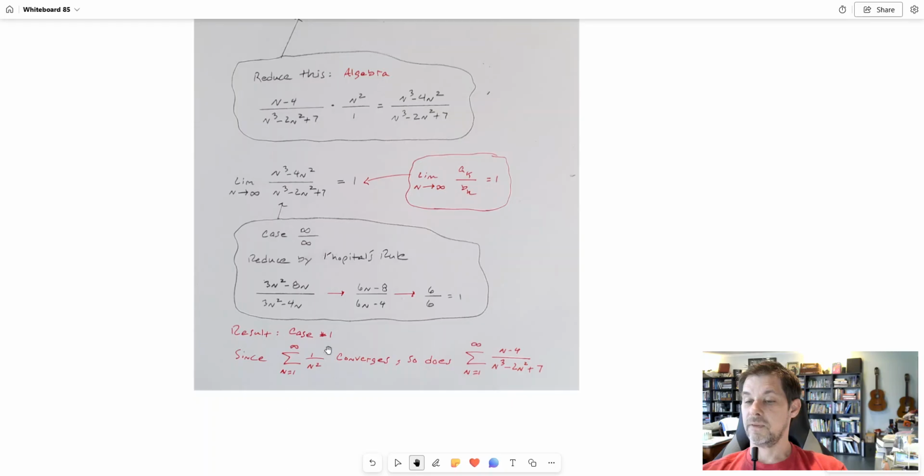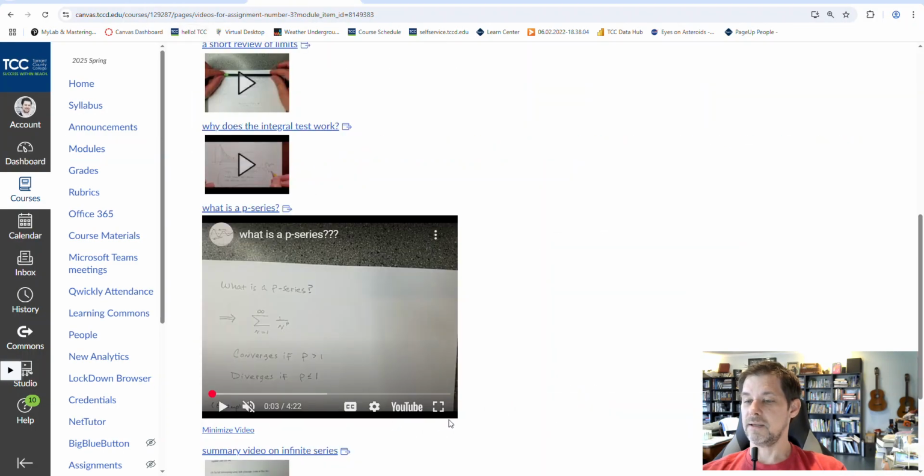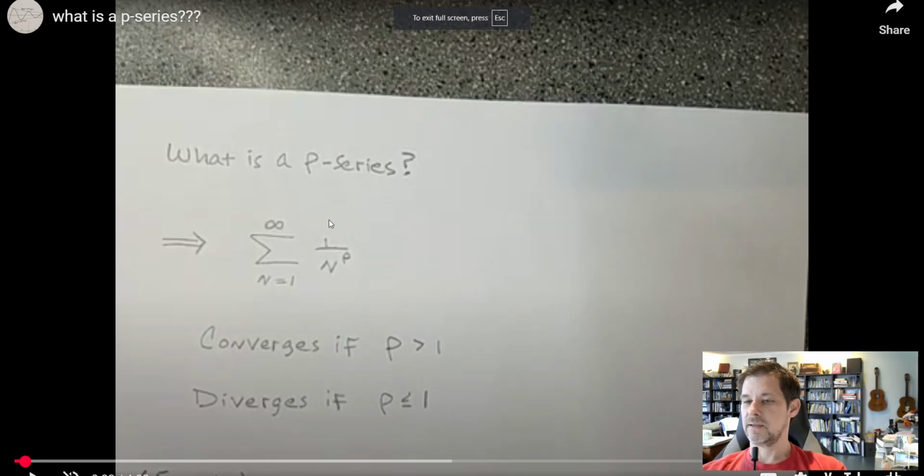Well, that series 1 over n squared is a p-series. A p-series is a series where it's 1 over n, the variable in your series, to some power p, which converges if p is more than 1 and diverges if p is 1 or less. So we had 1 over n squared, that makes that power 2.